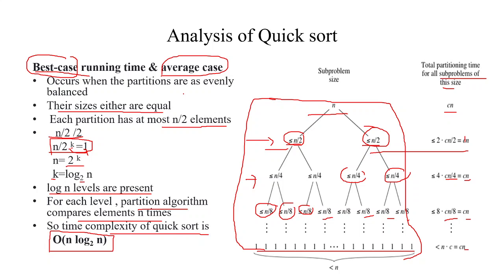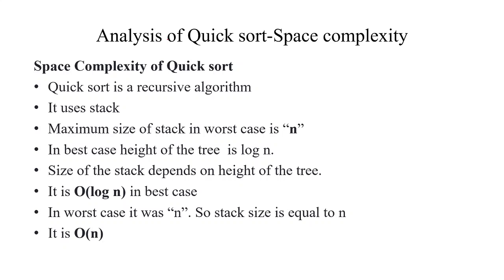Only when the partition takes place exactly, that is, the size by 2, can quicksort be in the best case.